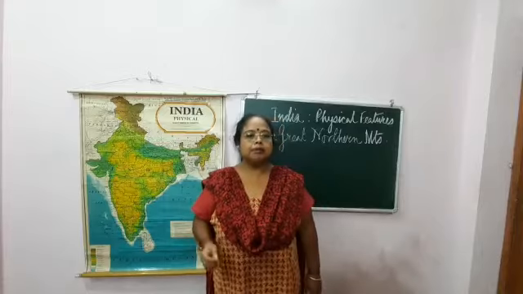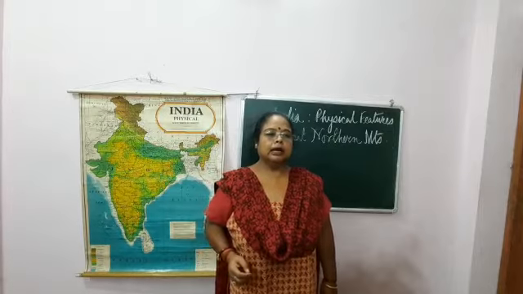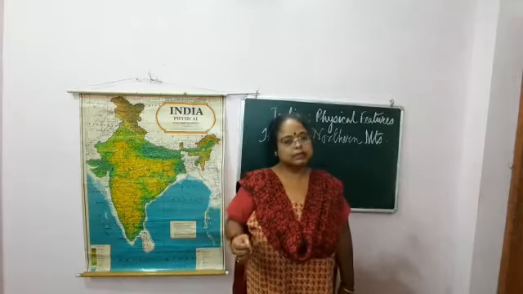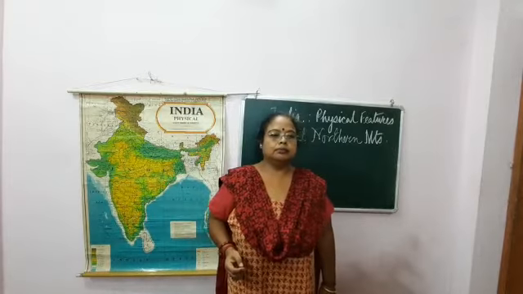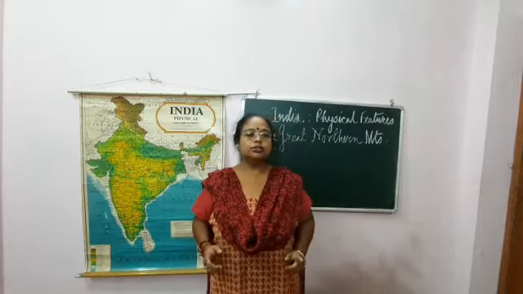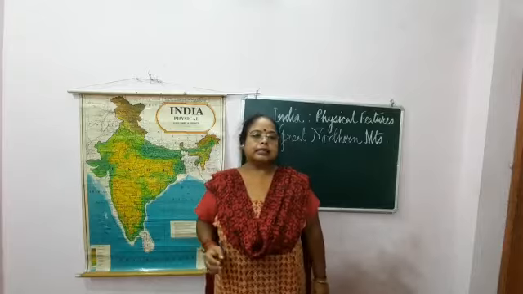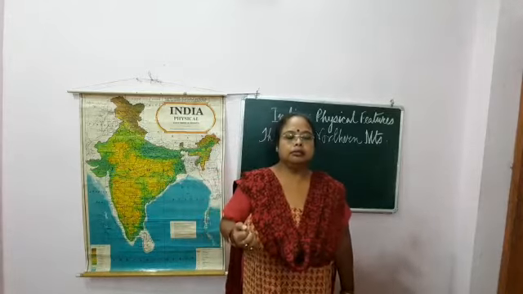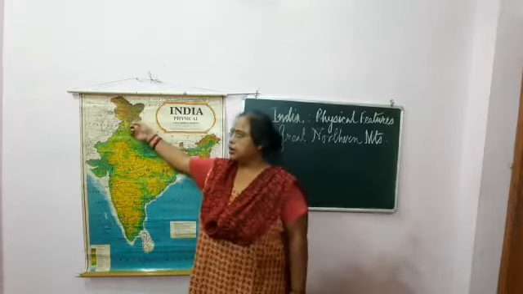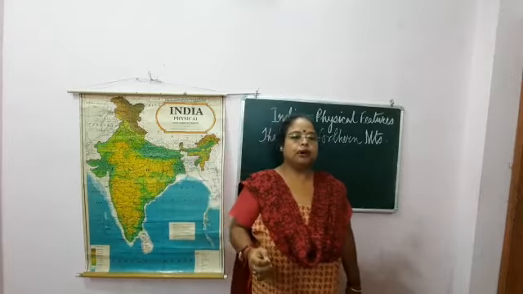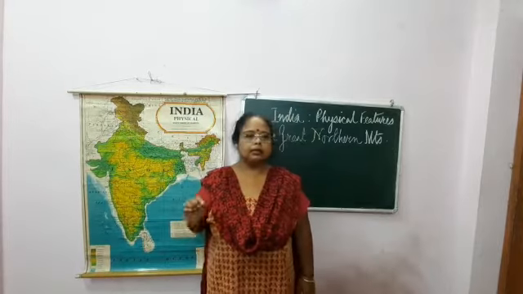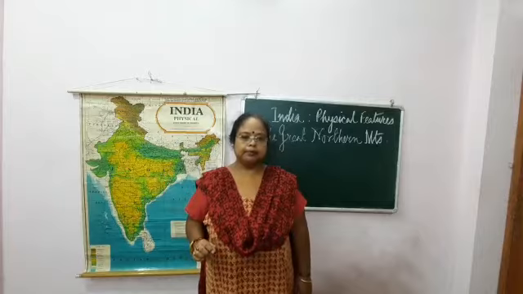The Pir Panjal and Dhauladhar are the major ranges of the Himachal. It has a number of longitudinal valleys, the Kashmir Valley and Kangra Valley, found here in the Himachal.